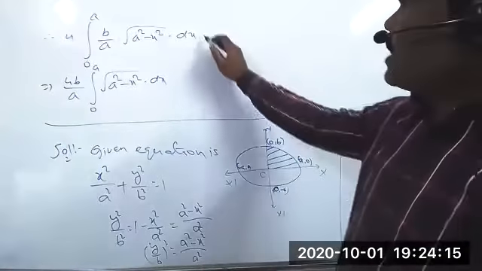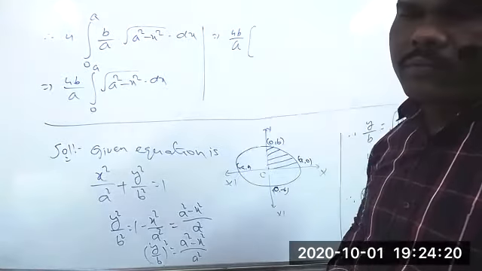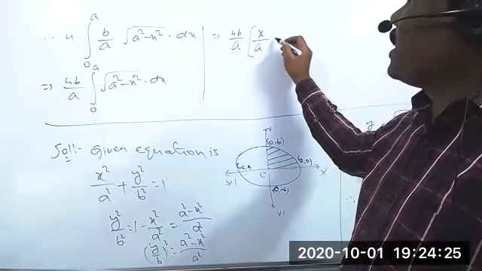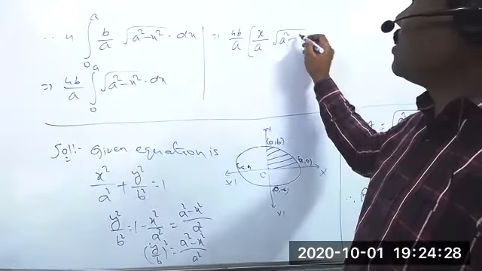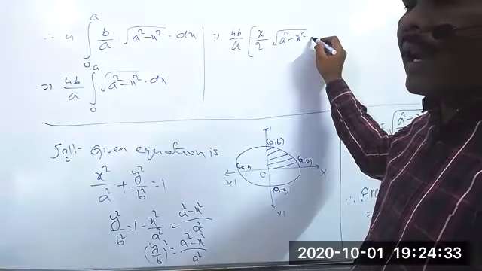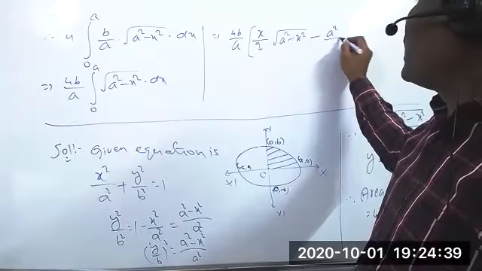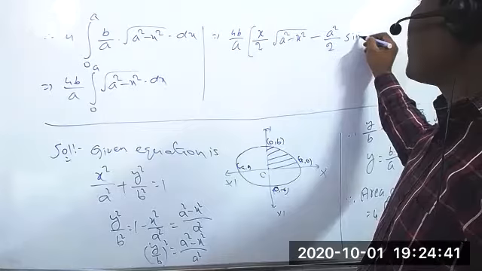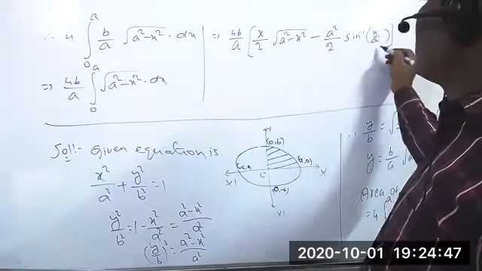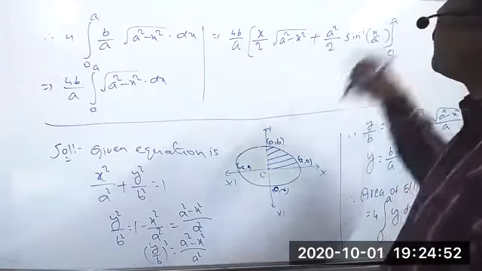So that implies 4b by a into the whole of x by 2 into root of a square minus x square plus a square by 2 into sin inverse of x by a. The limits will be 0 to a.